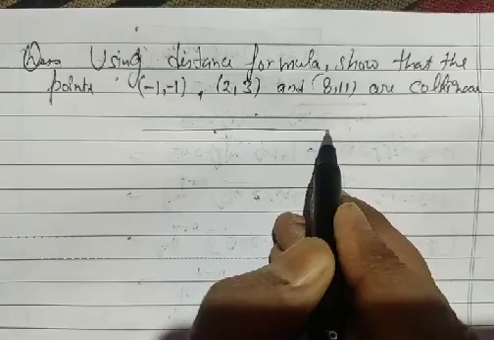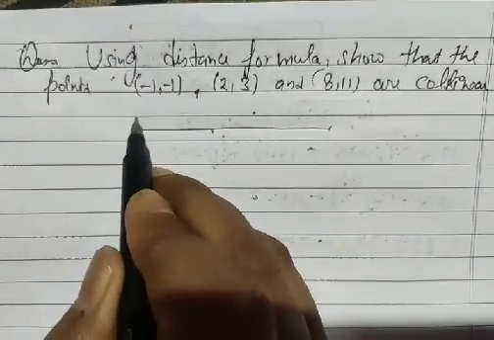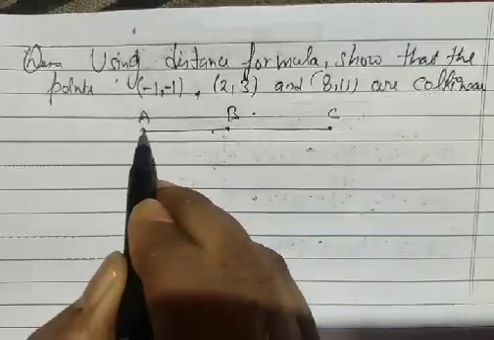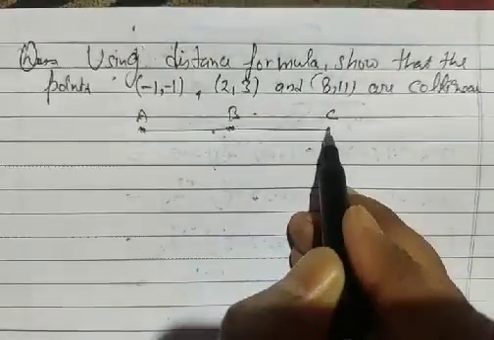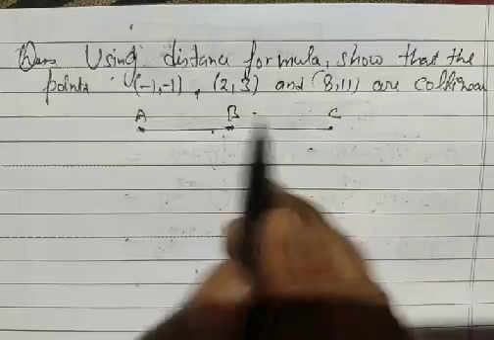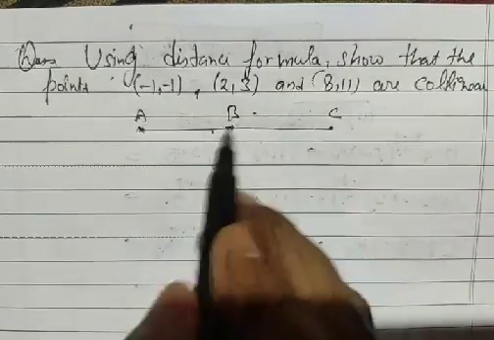What is the meaning of collinear here? A, B, C, 3 points are said to be collinear if all these points lie on the same line. If the points lie on the same line, then these points are known as collinear points.